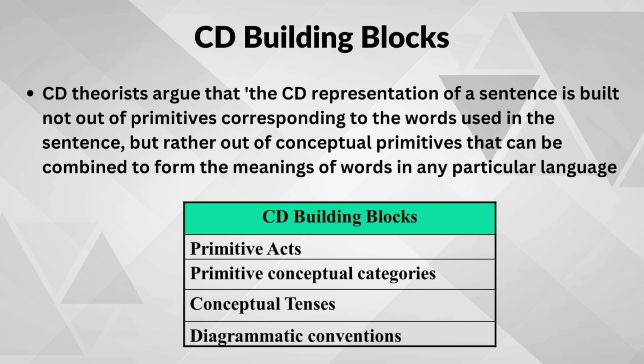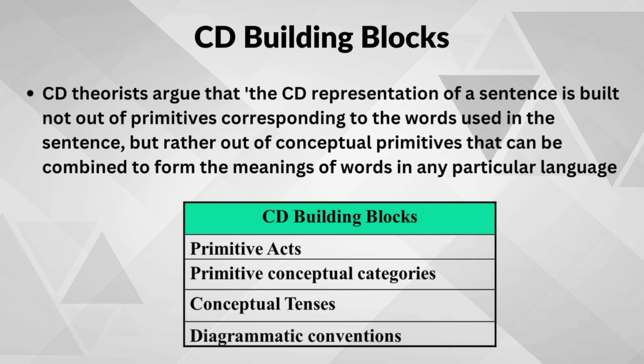The theory proposes that different languages can express similar meanings by using different combinations and arrangements of these conceptual primitives. This provides a more flexible and language independent way of representing meaning.